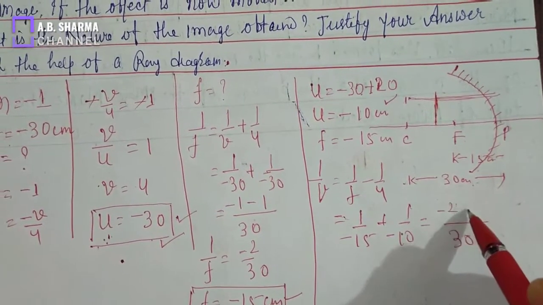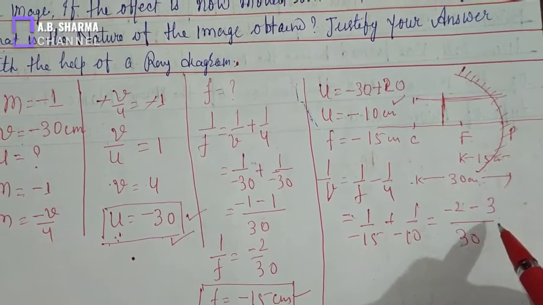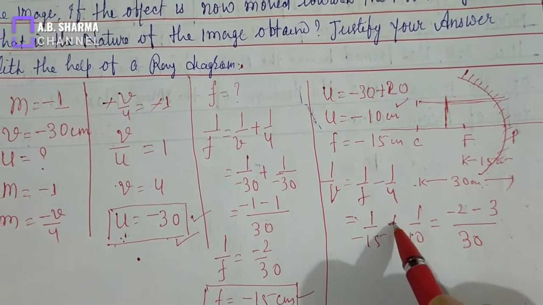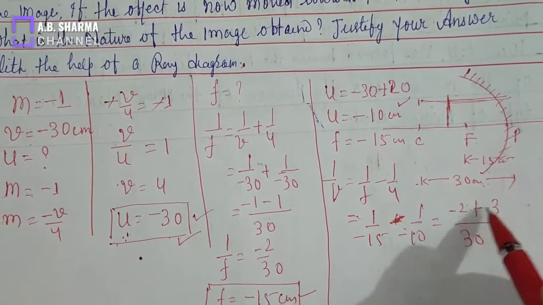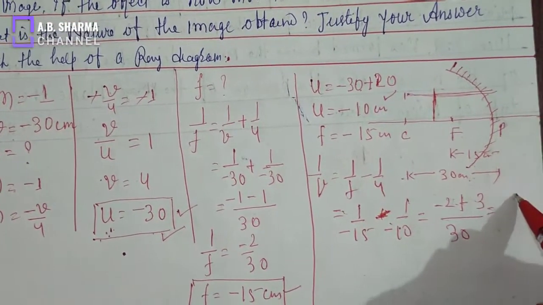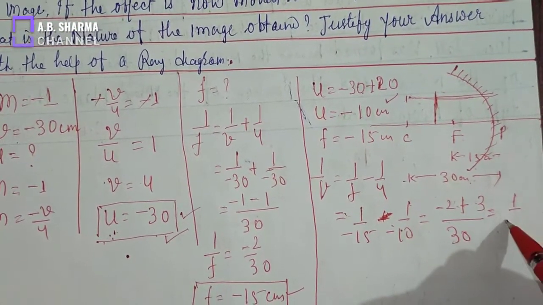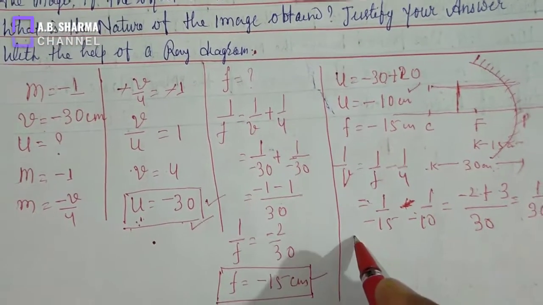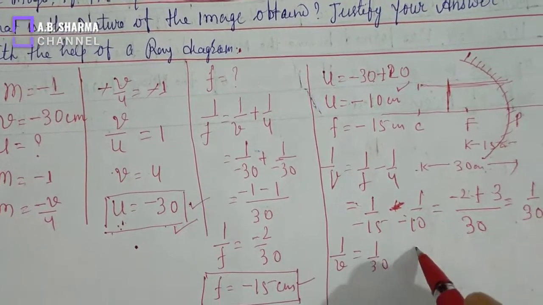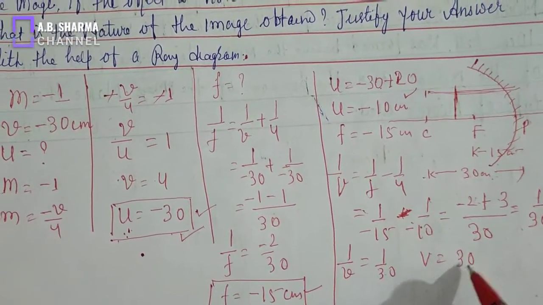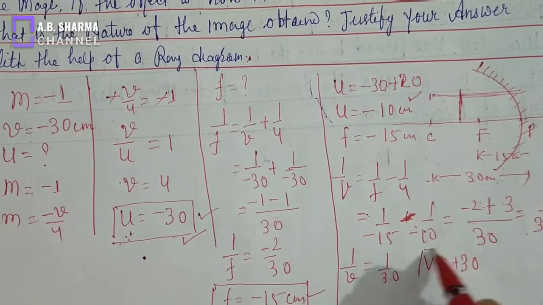This is -2 and this is plus 3. This gives 1 upon 30. So 1 upon v equals 1 upon 30, or v equals plus 30 centimeter.